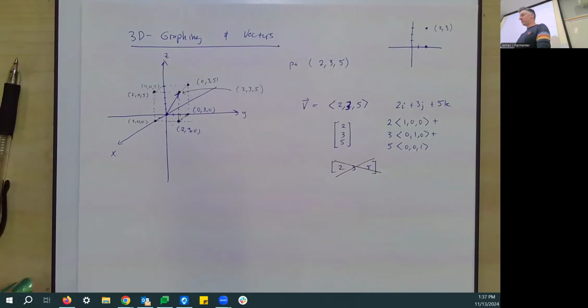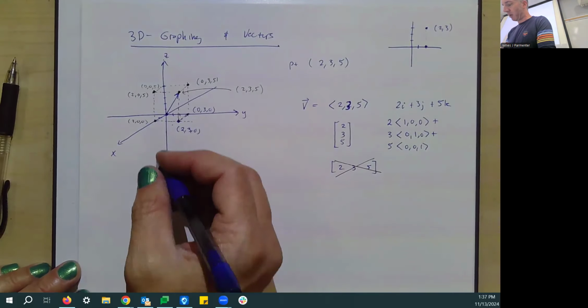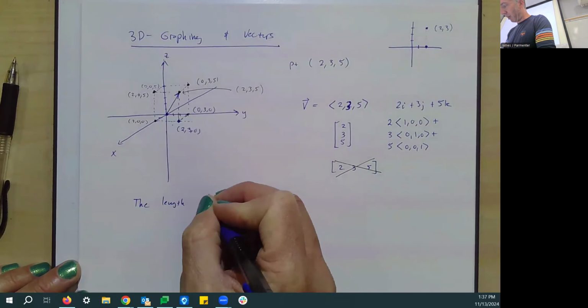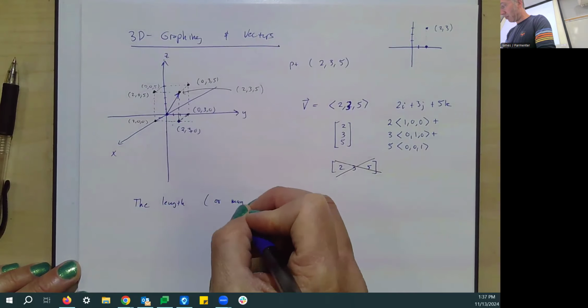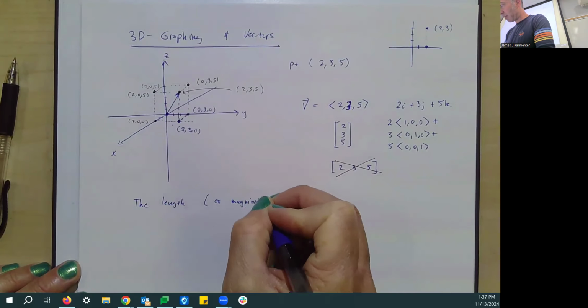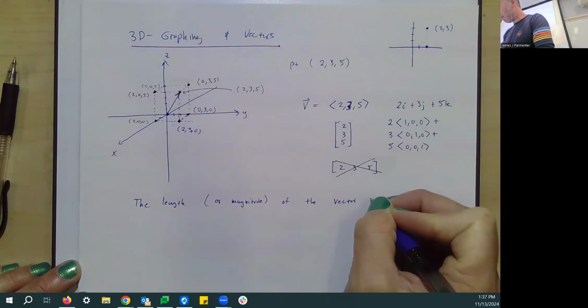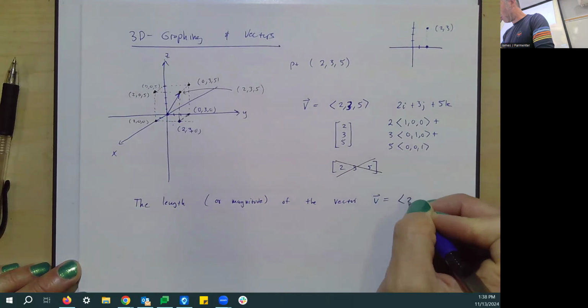We'll still talk about other things, but I'll point out that we can also find the length, or better word, magnitude of the vector v equal to 2, 3, 5.